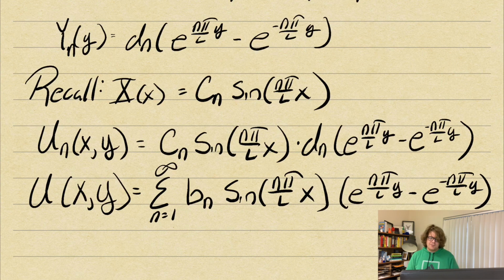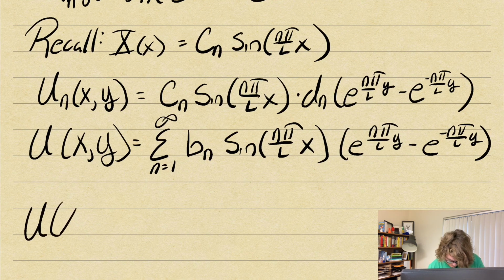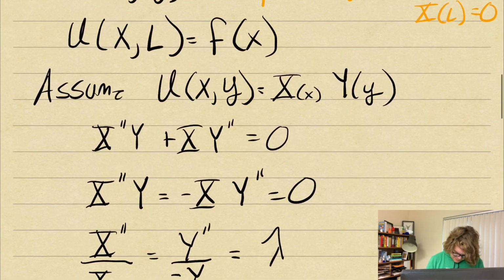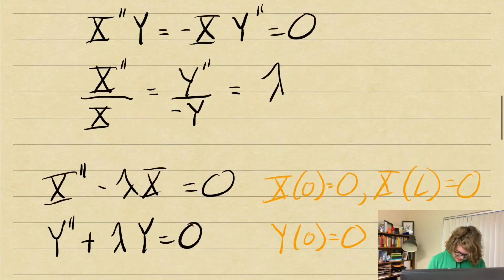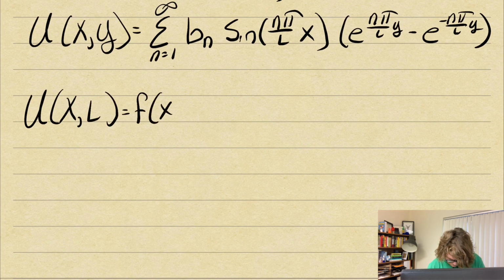And finally, we're at the point where we can apply our fourth and final boundary condition. Sorry, let me remind myself what my fourth and final boundary condition was. U of x, L equals f of x. So this time we're plugging in an L for y and we're leaving x alone.